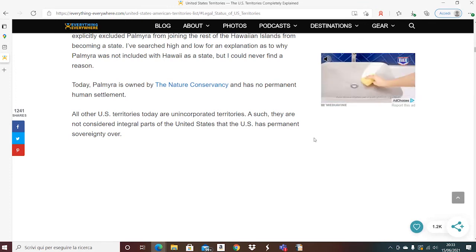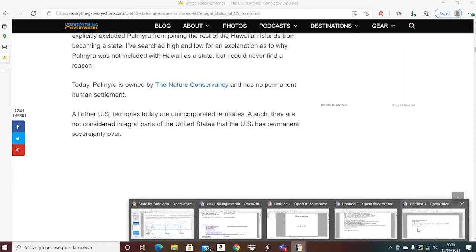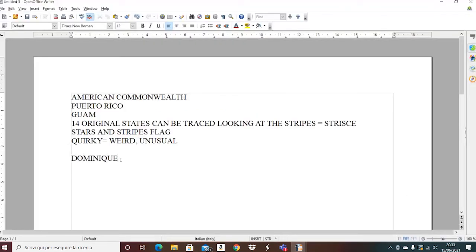There is also an island with that name. Well, let me write it down. That's the French territory, Dominica, but in the Caribbean.